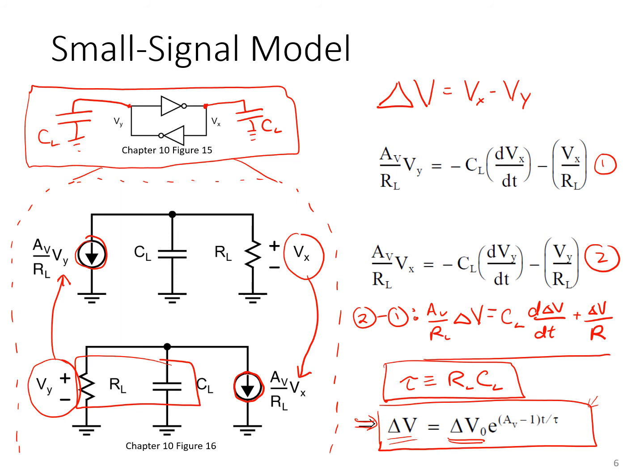So a fast latch will want to have a large delta V naught formed by the time the back-to-back inverters get activated. That kind of gives the regenerative pair a head start in the exponential growth, and we'll want a large gain from the back-to-back inverters that will help speed up the settling at the output.